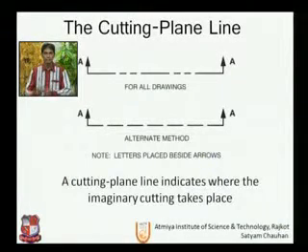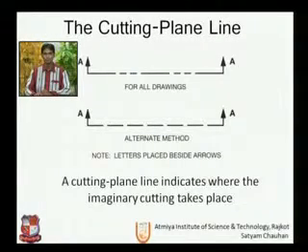So the cutting line is an imaginary line. A cutting plane line indicates where the imaginary cutting takes place. Technically we are not cutting any object, but we use a cutting plane line to represent the drawing in cut section.